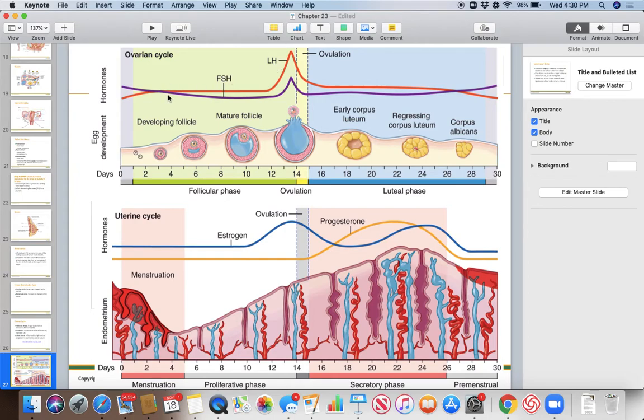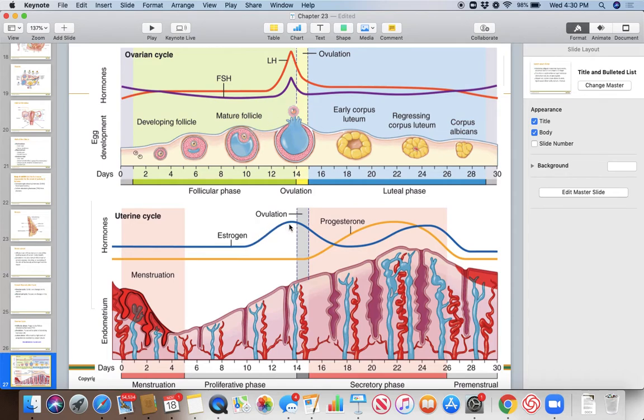Then FSH triggers the follicles on the ovary to resume development, beginning the follicular phase. And as the follicle develops, it secretes estrogen, so that's why estrogen starts to go up here, as well as small amounts of progesterone. As the follicle matures, it migrates to the surface of the ovary.